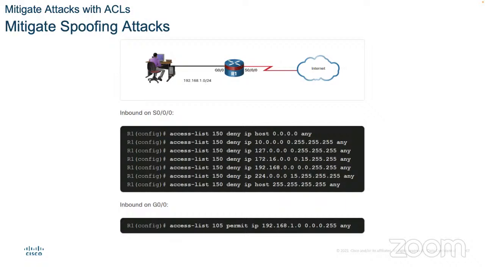In this case, the S0/0/0 interface is attached to the internet and should never accept inbound packets for anything that is all zeros, anything that's broadcast, any localhost addresses, anything under APIPA, anything reserved, and any multicast. All those things should be set up to prevent them from going in.